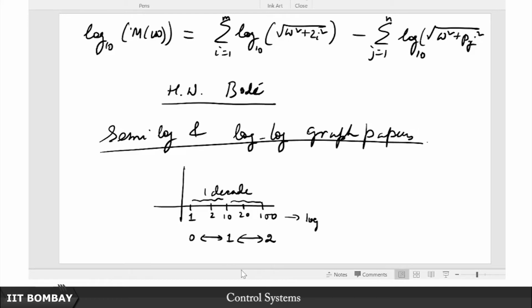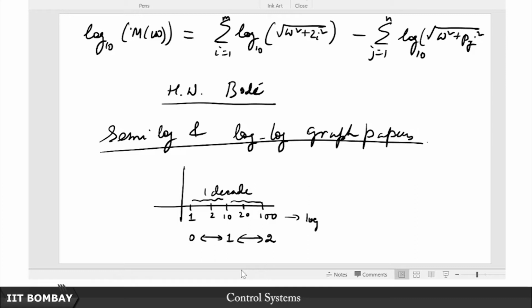So you might wonder, what other benefit does this have? The benefit of this log scale is that in a single graph paper, you might cover a very wide range of independent variables. Of course, this might not give you very precise readings; as you go more to the right, the precision decreases. But we will see in the context of the Bode plot that this really is not that significant.